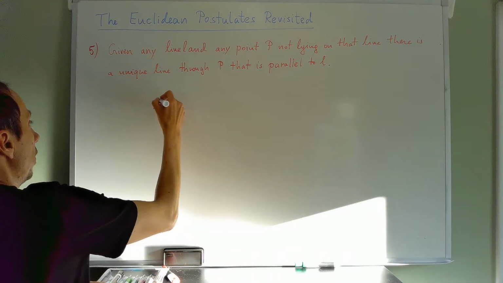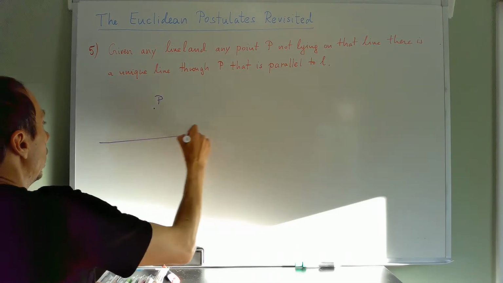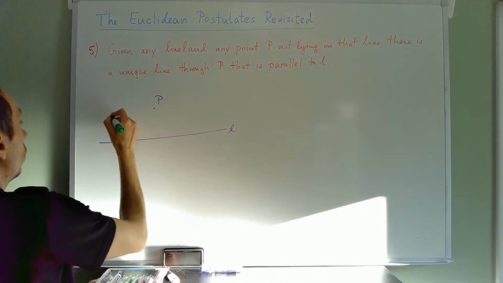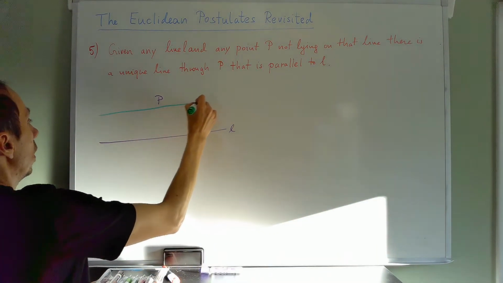This is what it says. If I give myself a point P and a line L, then there is a unique line that goes through P that is parallel to L.